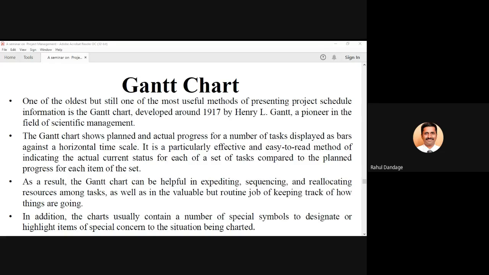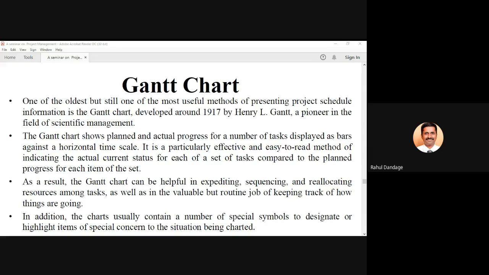The Gantt chart shows planned and actual progress for a number of tasks displayed as bars against a horizontal time scale. So on the x axis, or horizontal axis, you have your time, and on the vertical axis you list the various tasks, showing when each task starts and when it is going to finish on the time scale provided on the horizontal axis.